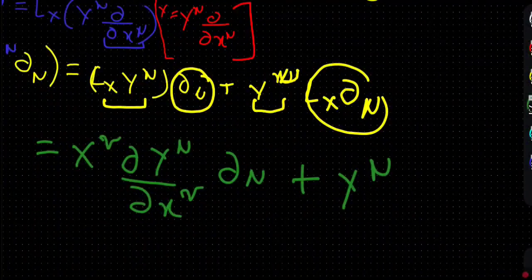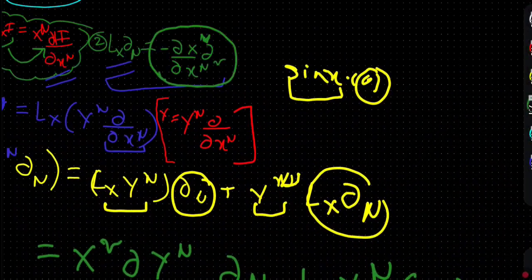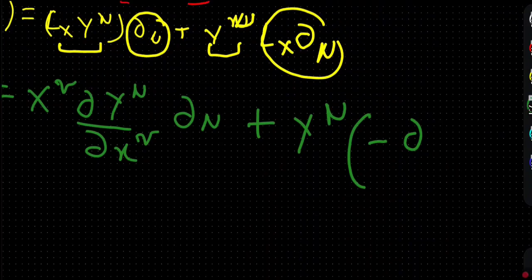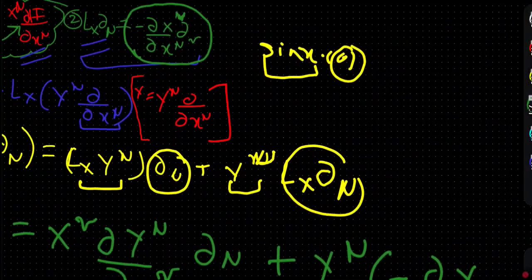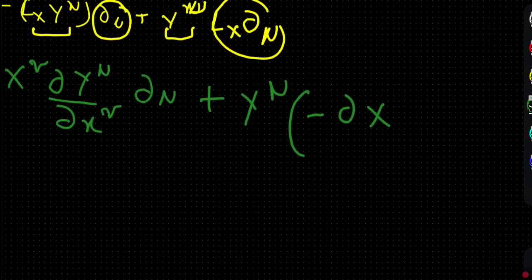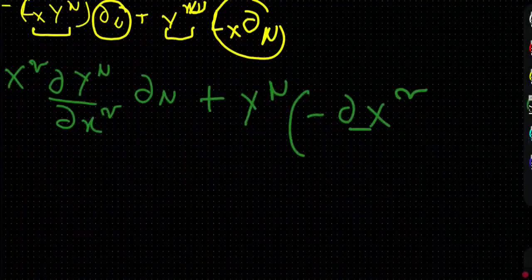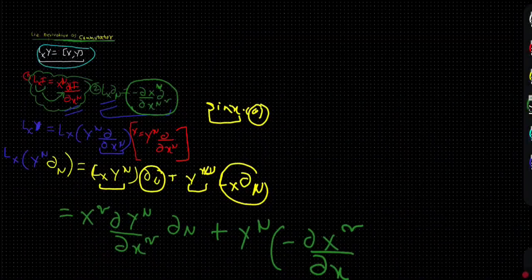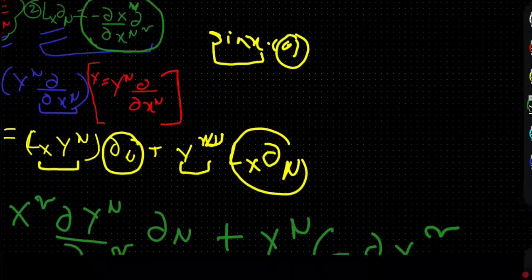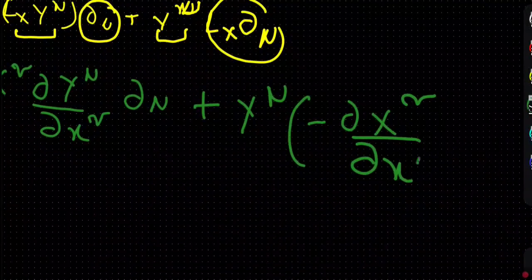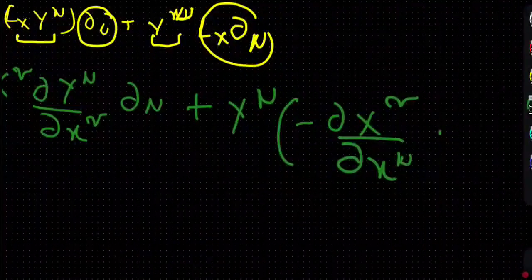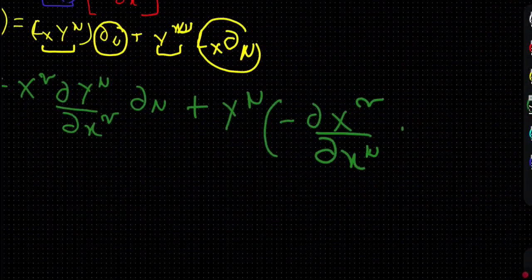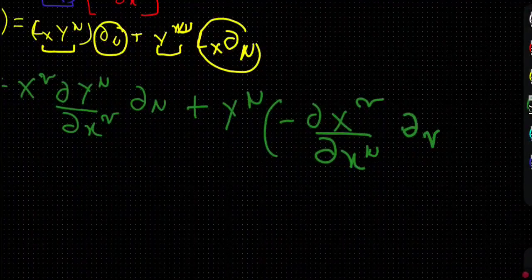It's like the formula that we have derived, it's negative of del x^nu divided by del x^mu, and here the other thing is del nu.